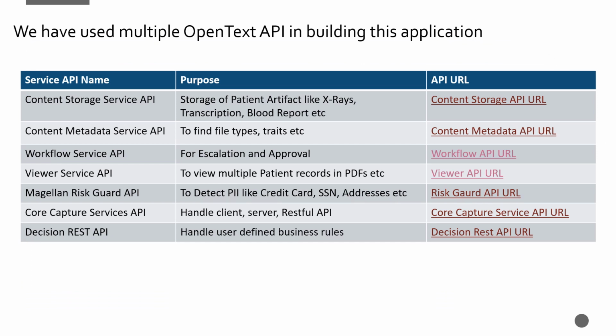We have used multiple OpenText APIs in building this application. Content Storage Service API is for storage of patient artifacts like X-rays, transcription, blood reports, etc. Content Metadata Service API is to find files, types and traits, etc. Then Workflow Service API, Viewer Service API, Magellan Risk Guard API, Core Capture Service API, and Decision REST API for the given purposes.